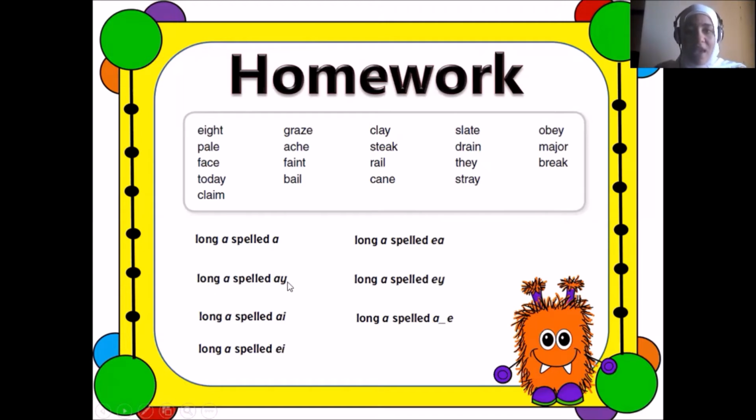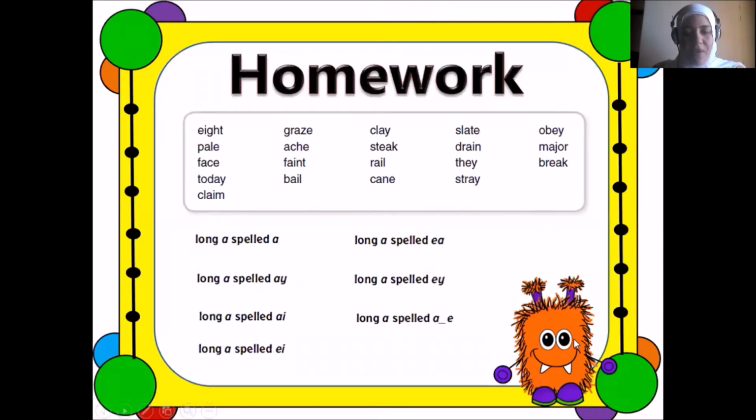Long A spelled AY. Long A spelled AI. Long A spelled EI. Long A spelled EA. Long A spelled EY. And long A spelled A consonant E. So the words here in the box, you have to put under the correct titles. This is graded homework, don't forget that.